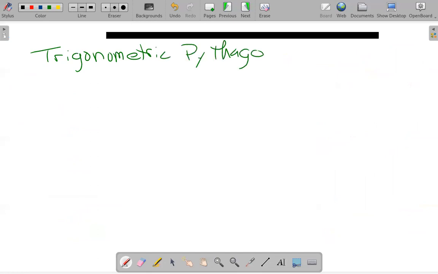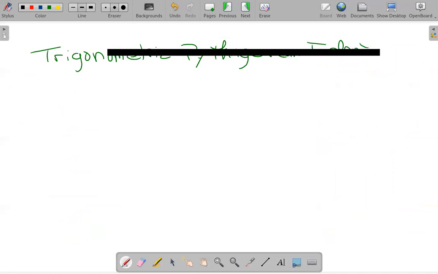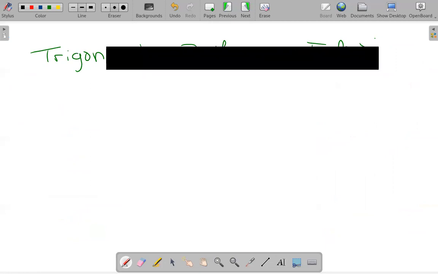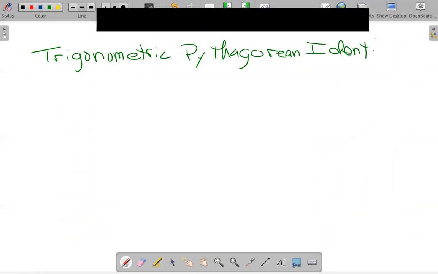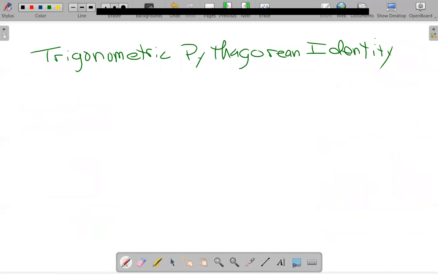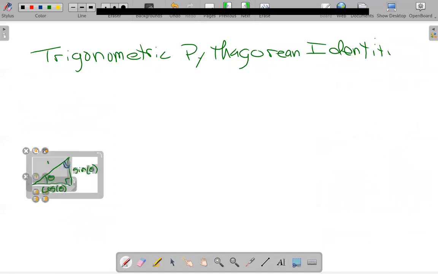Oops, Zoom is in the way. And let's bring in that picture.